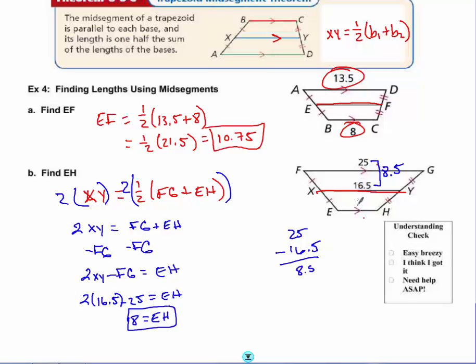So to get from 16.5 to here, we need to travel 8.5 also. Okay? So we're going to take 16.5 and we're going to subtract another 8.5. And that's going to leave us at 8. So either way, you're going to figure out that the base was 8.